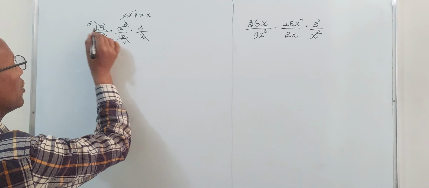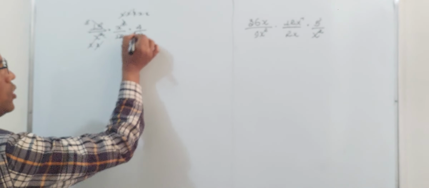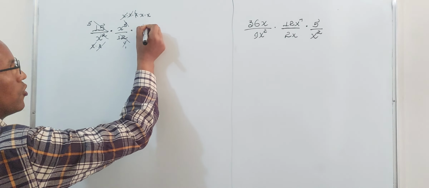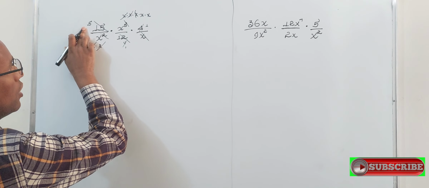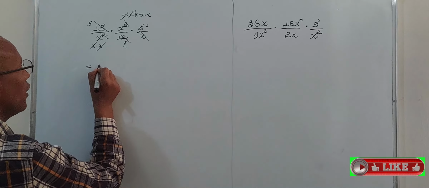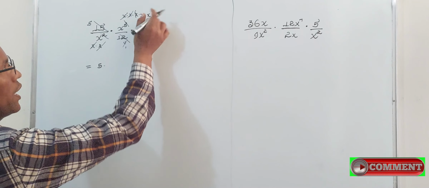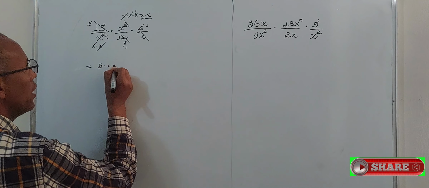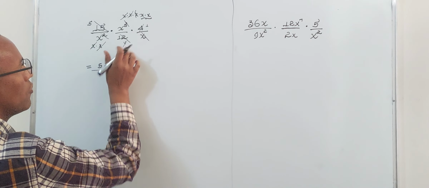Now, here we have also 4, right? So you can reduce this 4 with this 4, meaning that 4 by 4 is 1, okay? Now, here we have 5 as well as 1, right? So you will get 5 multiplied with, very basically there is x as well, so x multiplied with x, and then multiplied with 1, okay? Now over here we have only 1, right?